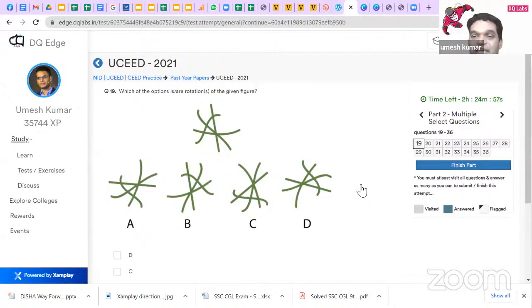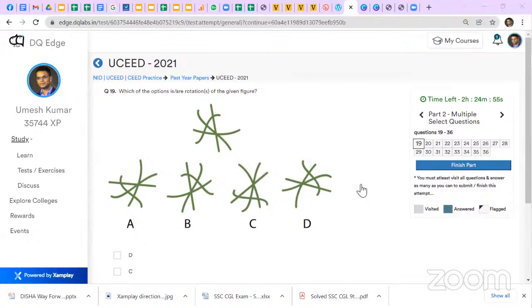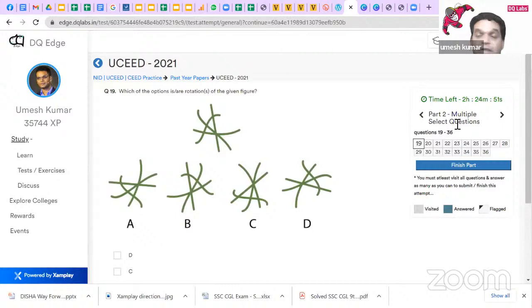Jaishnavi is saying ABC. Now these are multiple select questions, so there could be more than one answer. Some of you are saying A, C, D, some of you are saying A and D, some of you are saying A, B, C.